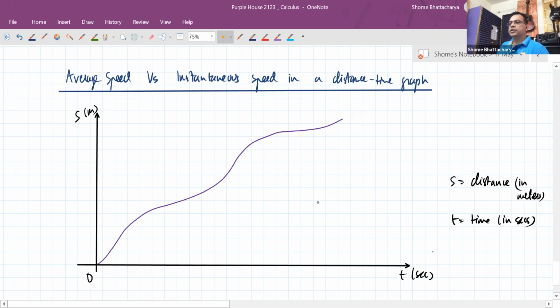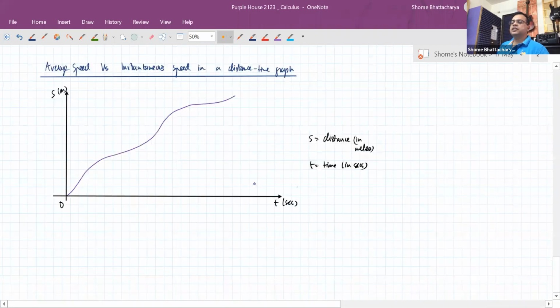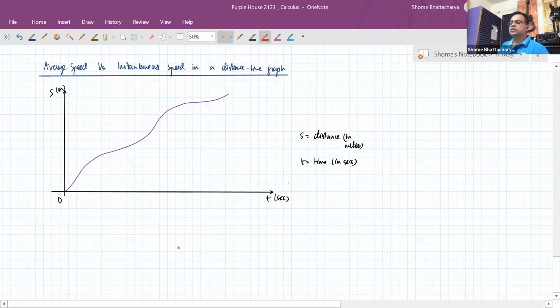So in this, how do we interpret the two quantities, average speed and instantaneous speed? So first, let's start with average speed from t equal to, let's say, t1 to t2, where on this time axis, t1 lies over here, t2 lies over here. So how will we calculate the average speed using the graph?